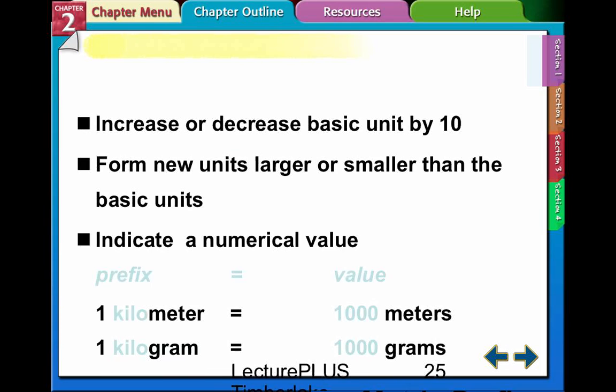Okay, prefixes and equalities. So in the metric system, everything increases or decreases by a unit of 10. You have kilograms, hectograms, milligrams.